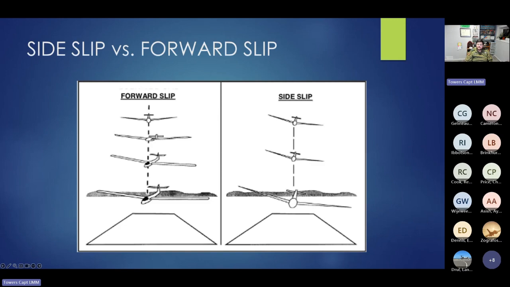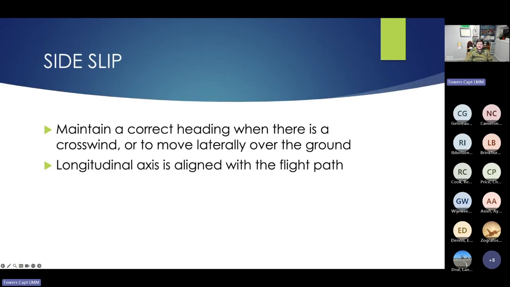A side slip is very similar, except you're maintaining a correct heading when there is a crosswind, or to move laterally over the ground. Your longitudinal axis in this case is aligned with the flight path. So in a forward slip, you're flying sideways through the air like this. In a side slip, you're banked like this, so your longitudinal axis is still pointing where you're going, but you're specifically banked in order to stay tracking over the ground in the same way.